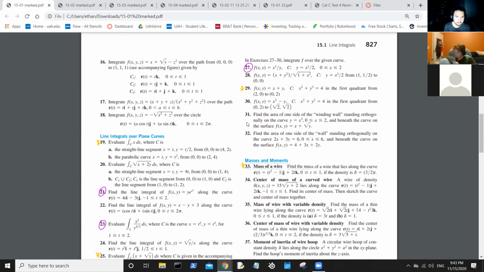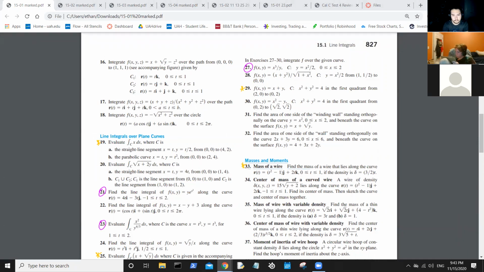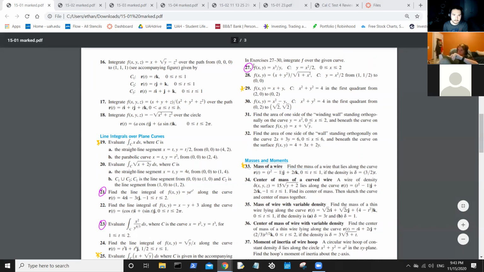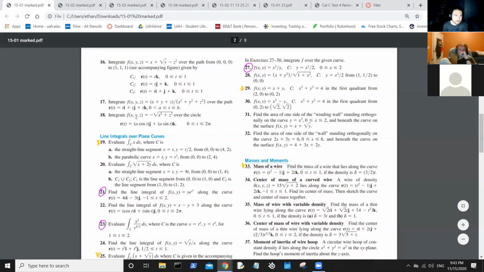Either way, which one are we doing? 27. And it looks like in 15.1, it's just this one, and then we can pick one of these and we're done with this portion.